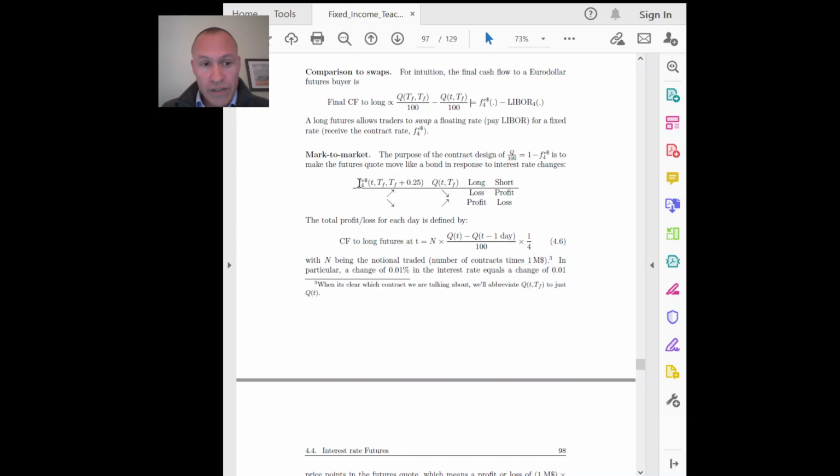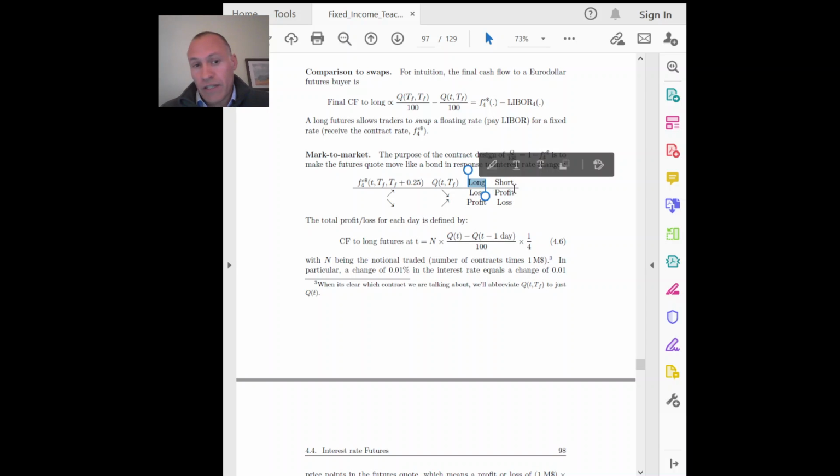So if that forward rate goes up, the quote of the futures goes down. And then when I'm doing the mark to market every day of my positions, this behaves exactly as if it was a futures on a real bond. So if I have a long position in the futures, if the bond price goes down, I suffer a loss.